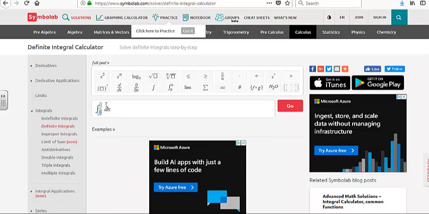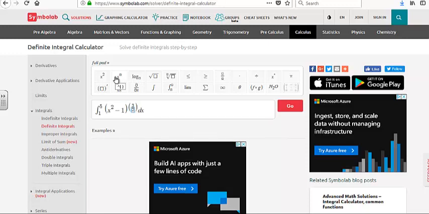We're going to integrate from 1 to 5, and our function is x squared minus 1, and then the whole thing raised to the 3/2 power, like that, and we say go.